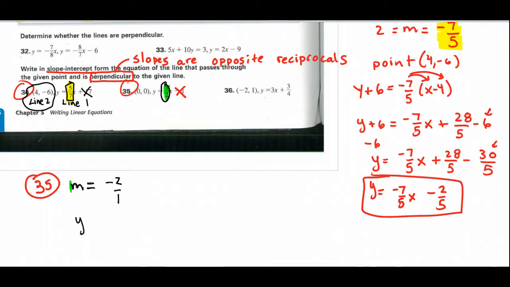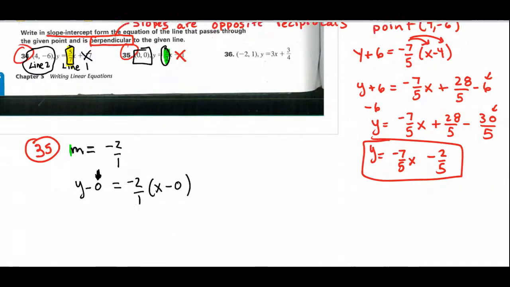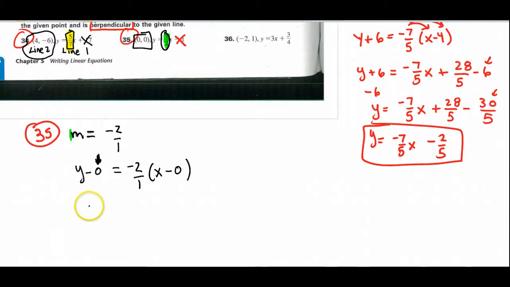So I have y minus 0, because my point is given, equals negative 2 over 1 times x minus 0. Now this 0 here that I just pointed to goes away. Y minus 0 is y, equals negative 2 over 1 times x, and I am finished with that problem.